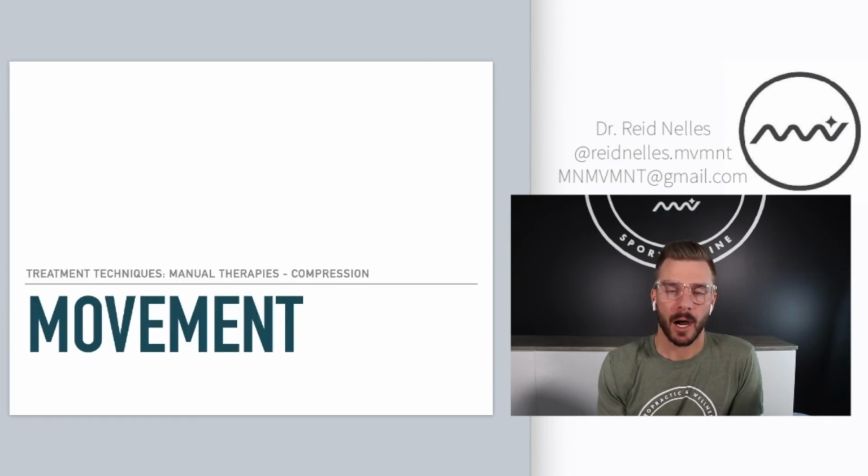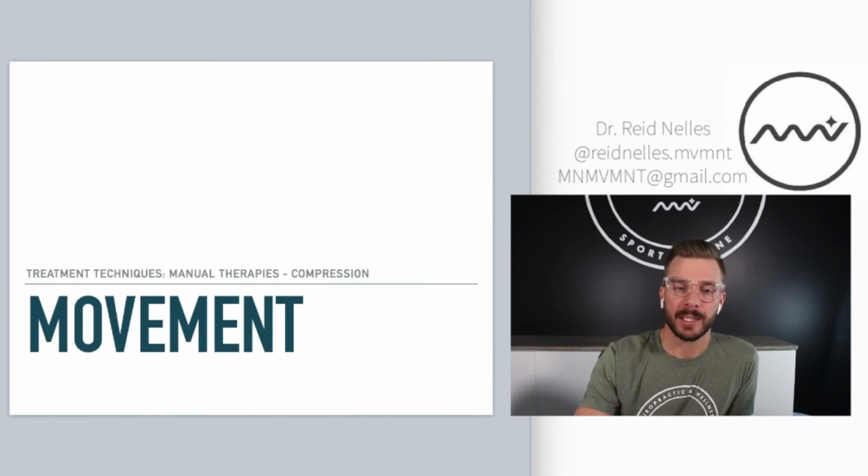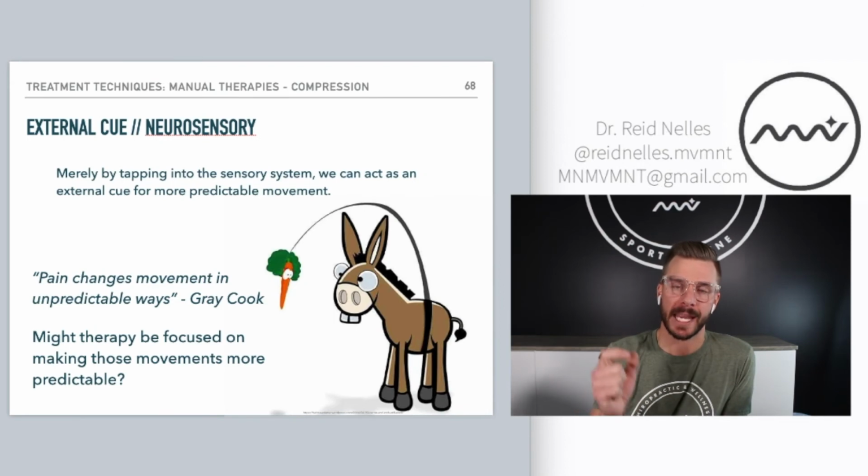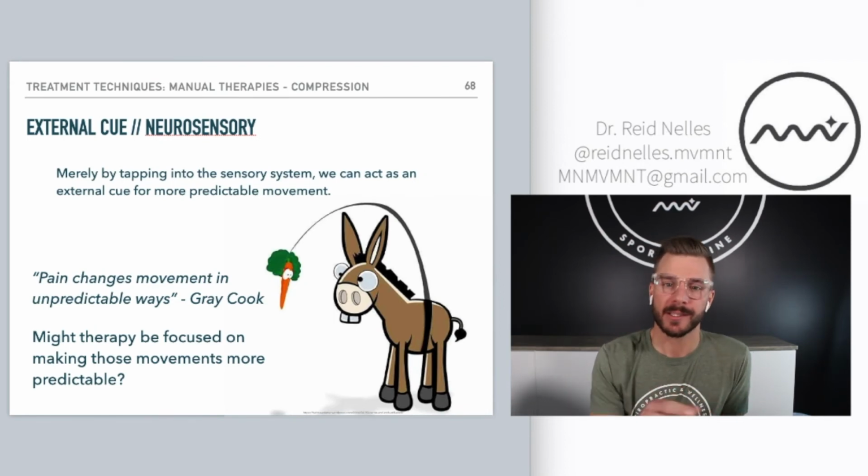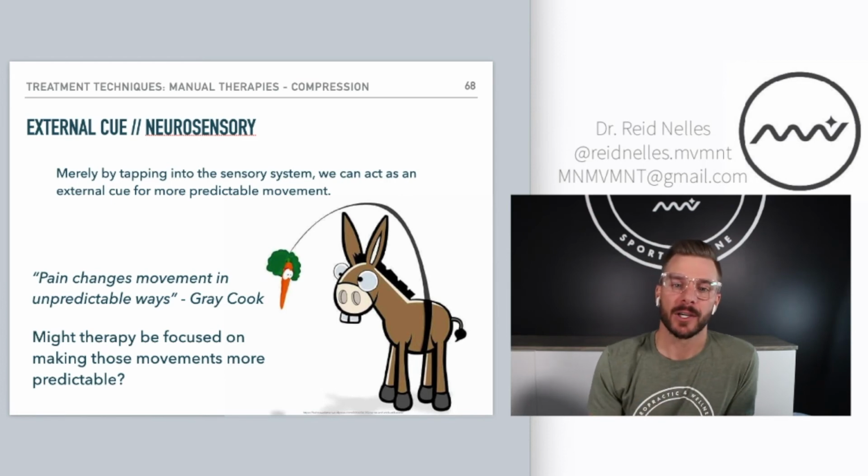Last little thing on our compressive chapter is movement. Again, we can always treat and train movement, using this as an external cue or a carrot on a stick, leading this donkey. Don't call your patients and clients donkeys. Gray Cook says that pain changes movement in unpredictable ways.